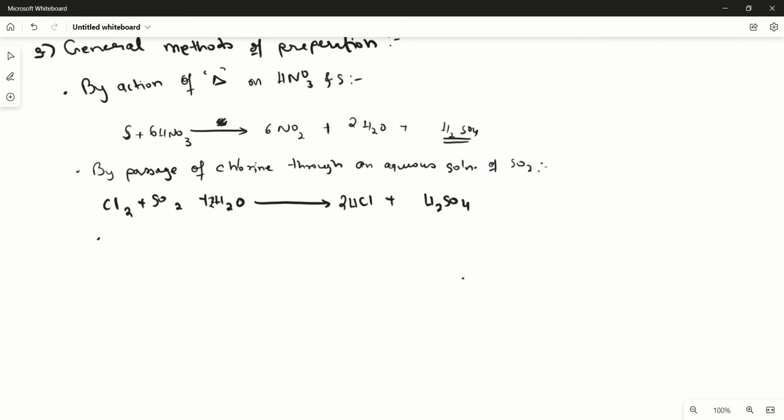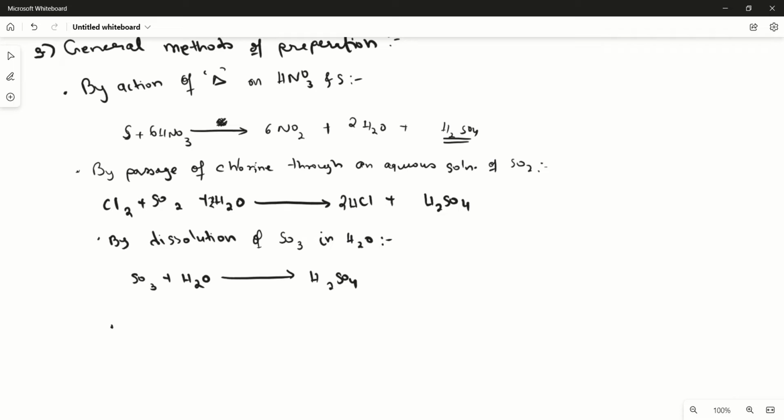Then we have two more. By dissolution of sulfur trioxide in water. So that'll be sulfur trioxide plus H2O giving us H2SO4. That's all. Pretty easy. This is the easiest one of them all.